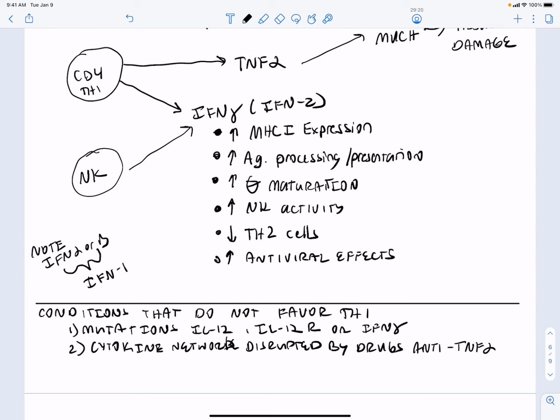It's made in different conditions too, not just Th1, so it's not specific for that. But in rheumatoid arthritis, TNF alpha is elevated, so oftentimes patients with rheumatoid arthritis are treated with anti-TNF alpha. And rheumatoid arthritis, of course, in an aging population is increased. So what you typically get as a complication is atypical Mycobacterium infection.